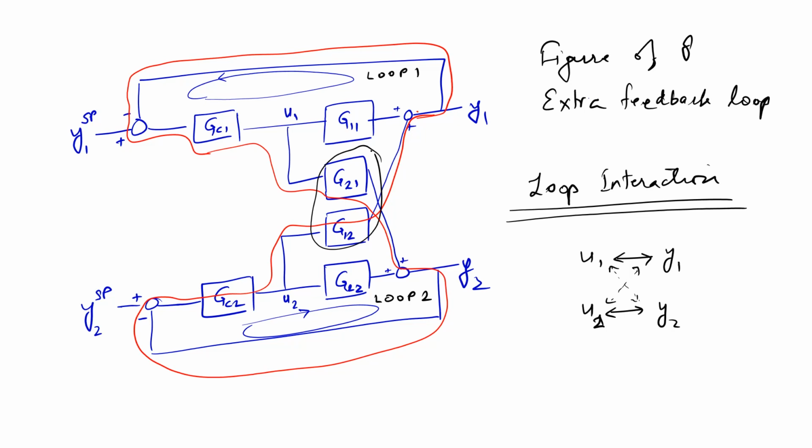And just like in matrix inversion, when you want to invert matrices, you want to make sure that the matrix is diagonally dominant: the large terms come along the diagonal and the off-diagonals are small terms.